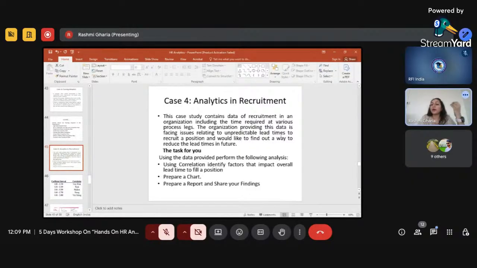What will happen? Maybe 500 people applied, out of 500, 250 already joined a job somewhere else, right? So again, you have spent a huge amount on sourcing channels and all, and through that you got 500 resumes, but now you have only 250 people from whom you have to select the candidate, right? So this is one issue.